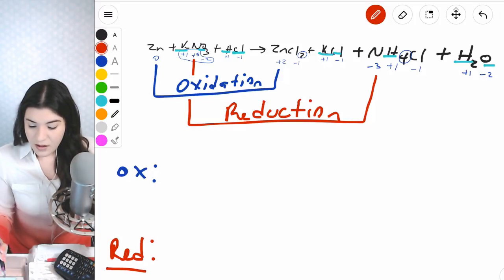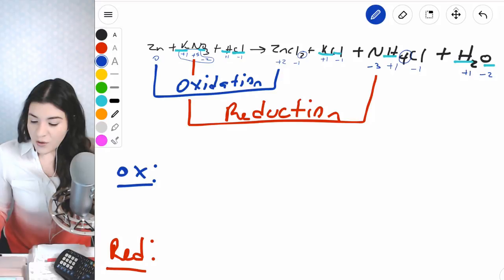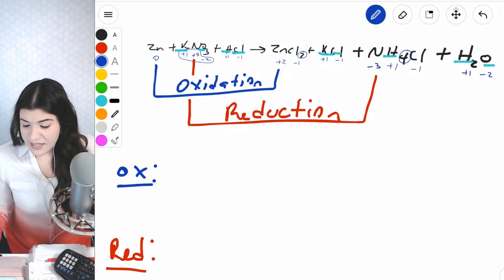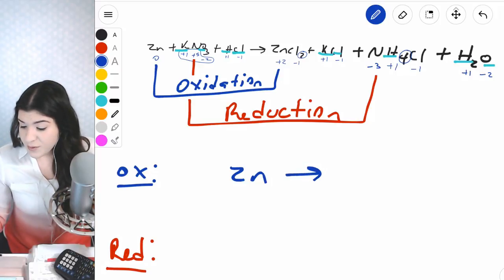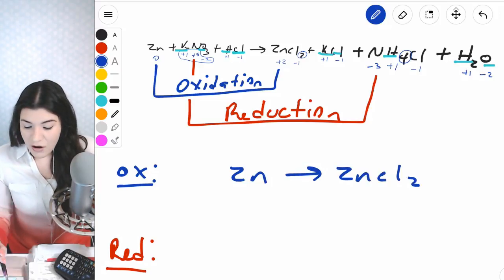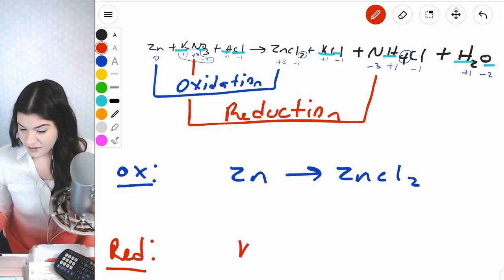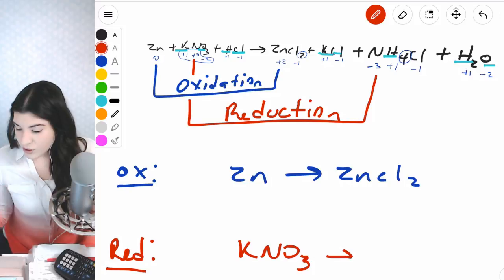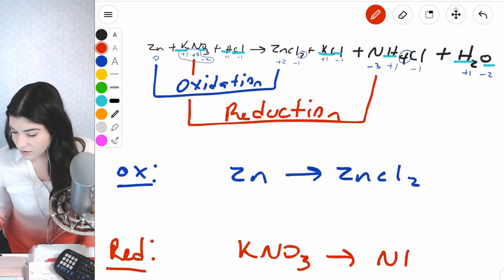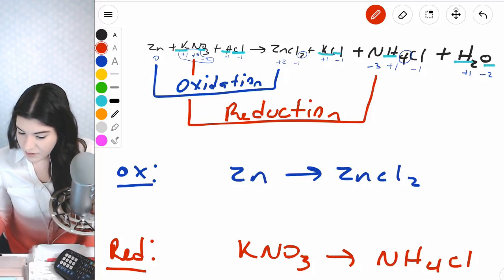Let's start off with oxidation. The only thing that's undergoing oxidation is the zinc, and our product would have been zinc chloride. Now for reduction, same thing. What's undergoing reduction is this entire reactant, and then we'll just put the product as to what formed.